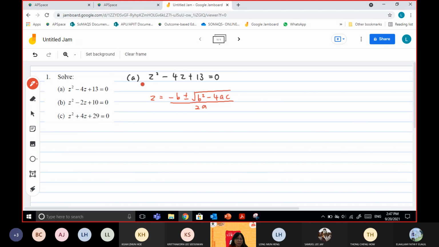So according to here, a is 1, b is negative 4, and c is 13, right? So substitute. Then we have negative 4, plus minus the square root of negative 4 squared minus 4 times 1 times 13, then divided by 2a, so 2 times 1.